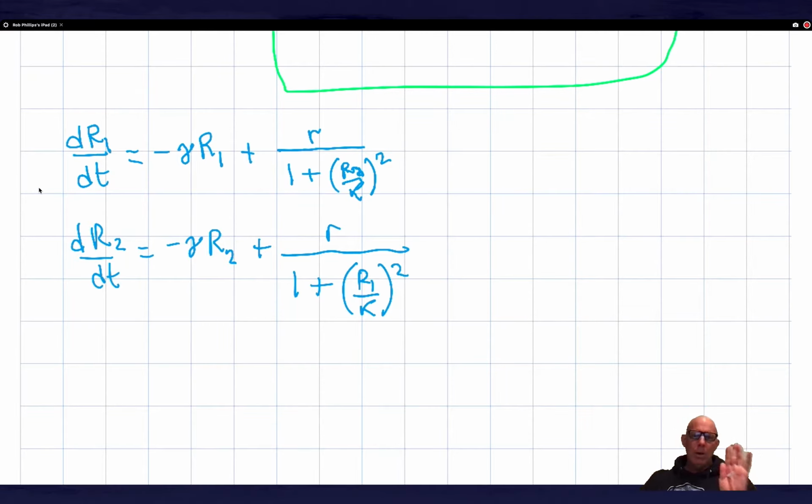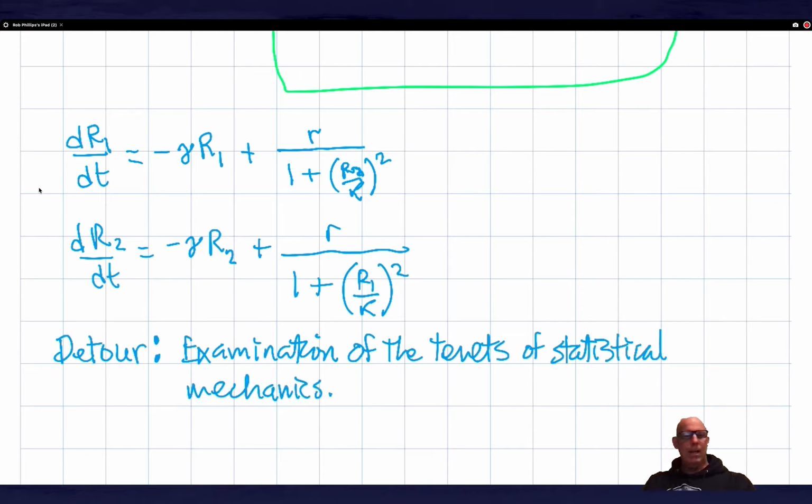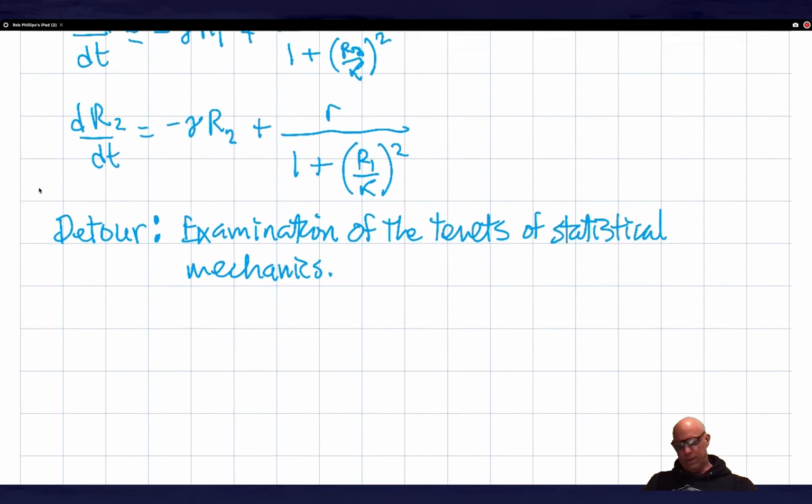Okay, so the point is the detour that we're on now, or the aside, is we want to do an examination of the tenets of statistical mechanics, and the reason for that is that statistical mechanics is the theory that tells us how to reason about situations like the binding of proteins to DNA or the binding of proteins to ligands but in complicated scenarios.